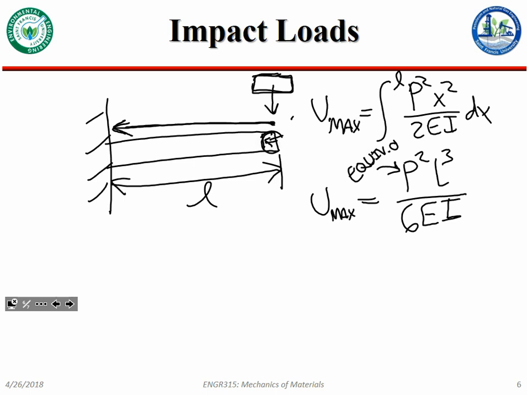So one example would be if we can find out what this equivalent force is, then maybe we can start solving for some stresses. Because if we have a force acting at the end of this bar, we can find a bending moment over here at the root. And if we have a bending moment, we can get a stress.